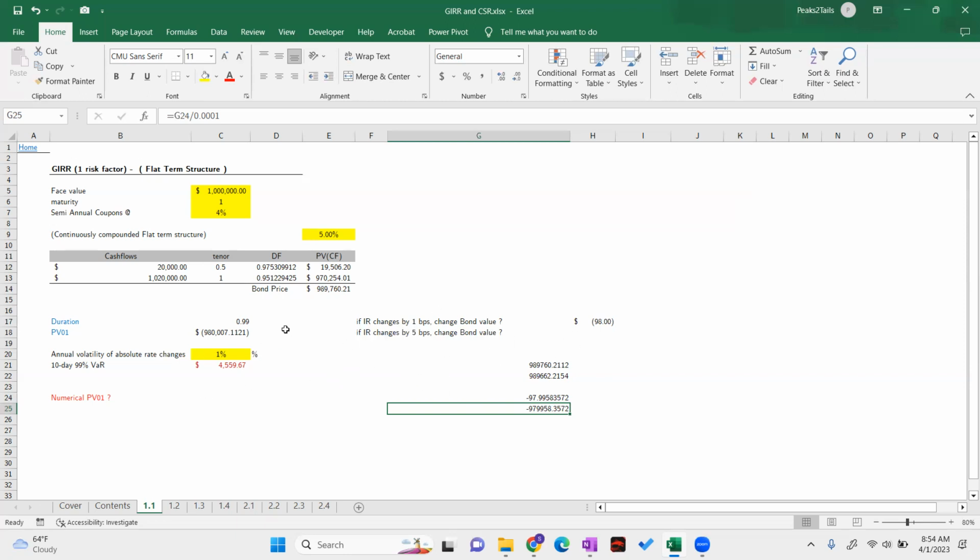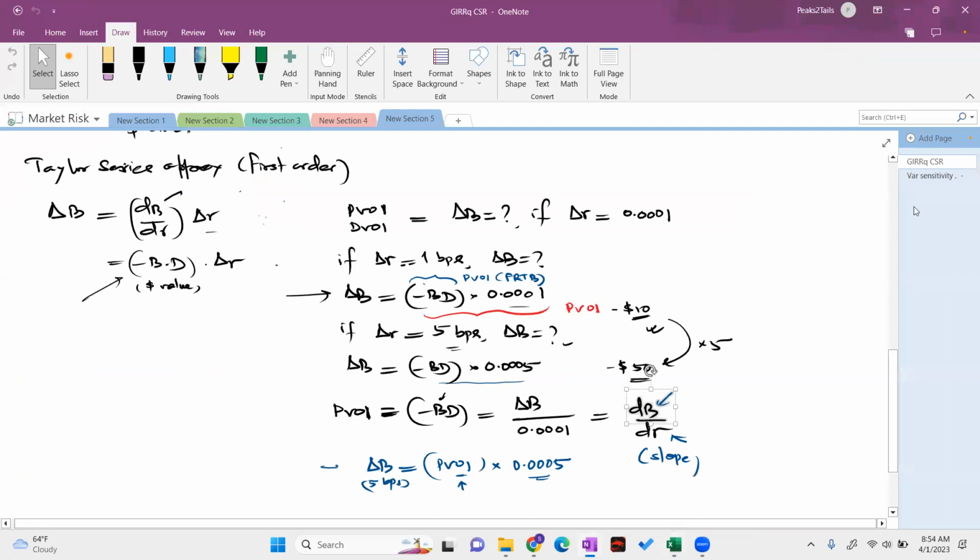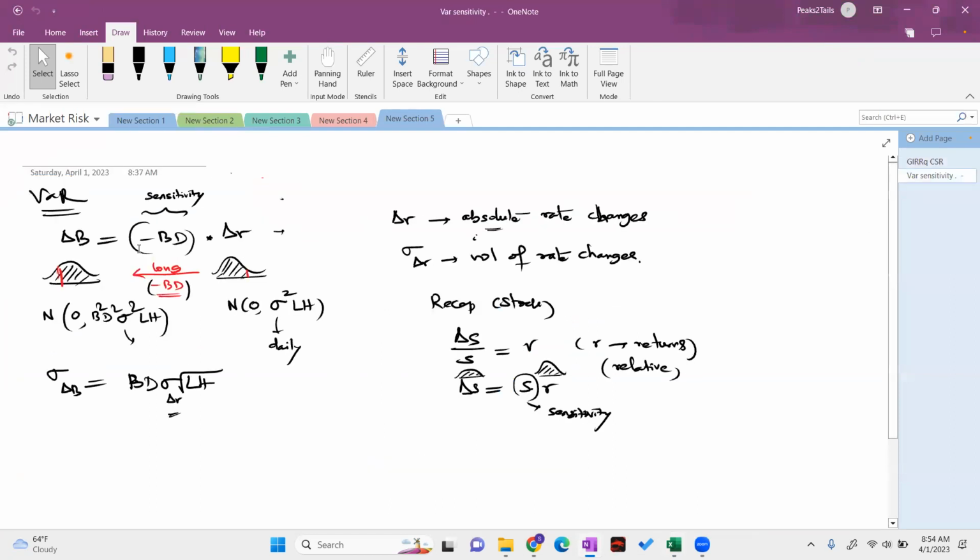Now we need to find value at risk. So we have P, as per our equation, value at risk. This is PV01, right? That acts as the sensitivity. All we need is the sigma of delta R, and this is PV01 times sigma of delta R. Liquidity horizon has already been adjusted. I need to do one more step here.